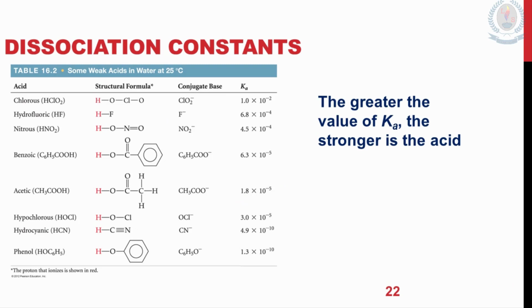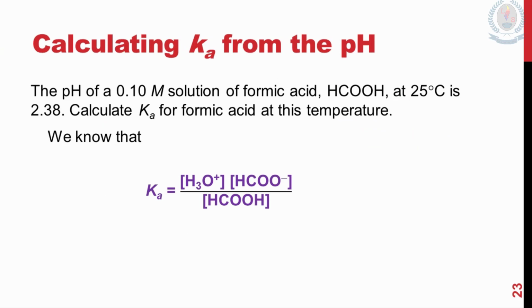In this slide you can see dissociation constants of some acids. When you go through this table, you can see the greater the value of the Ka, the stronger the acid. So let's move to the other slide. There is a small calculation about Ka, how to calculate Ka from the pH.